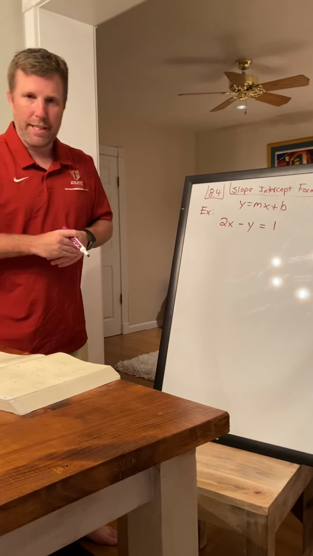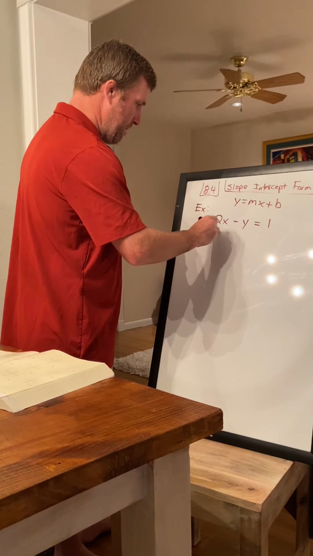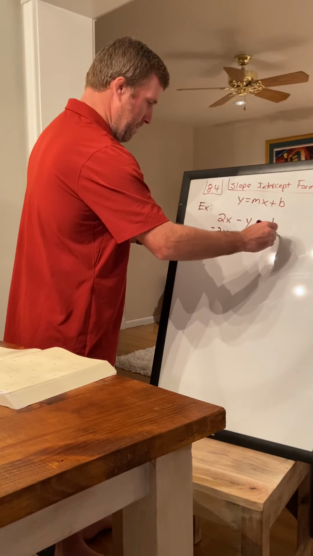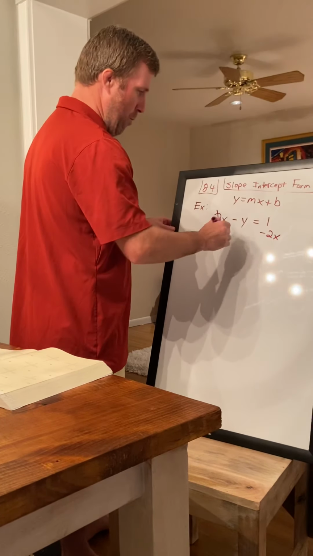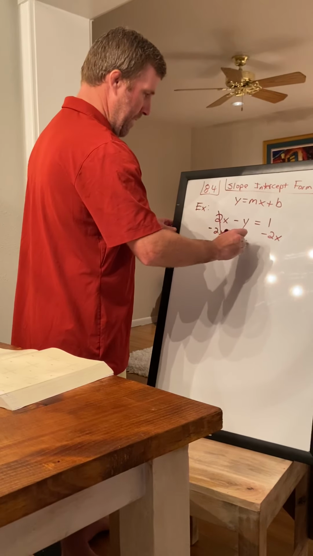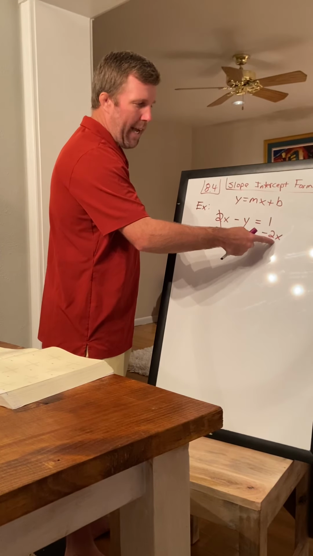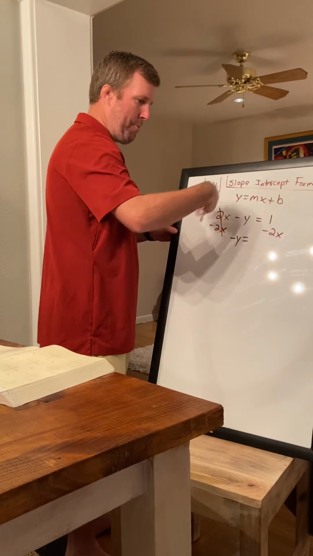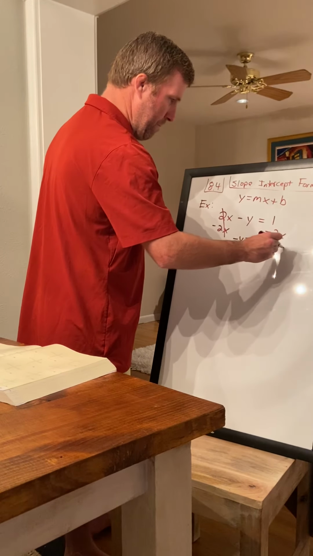Very first step is to get the y by itself. I have to subtract 2x. That cancels. I'm left with a negative y equals 1 minus 2x. Those are unlike terms, but I want the x term in front. So it's negative 2x plus 1.